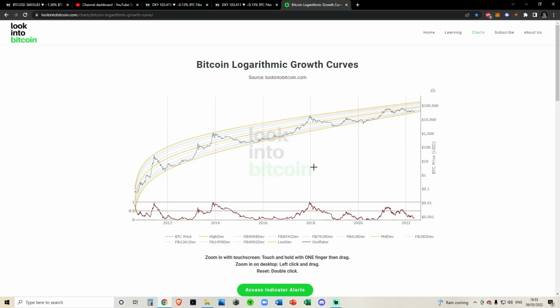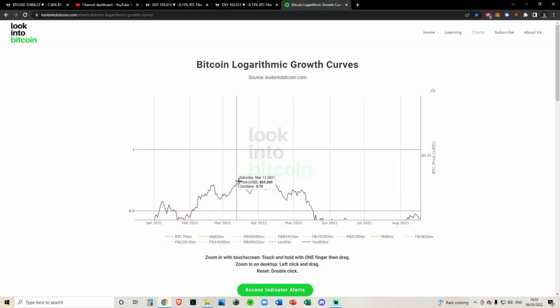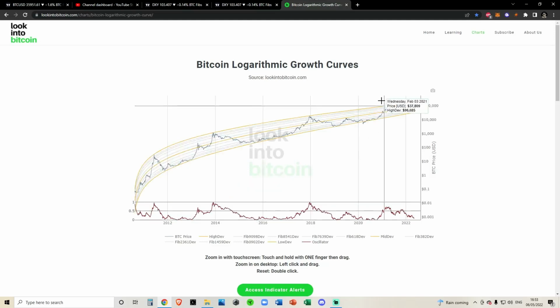Now, if you look at this chart down here, you can see these go hand in hand. You can see once we become topped off on our oscillators, this is when we reach one deviation oversold. So historically, every time we reach one deviation oversold, whether it was in 2011, 2013, or 2017, or we didn't quite make it to one deviation oversold this market cycle, you can see the top of where we topped out on the oscillator, which was 0.74, was the exact top up here.